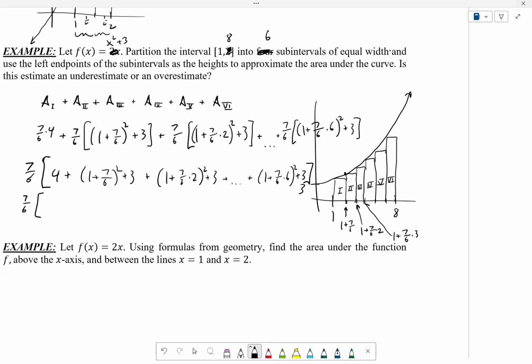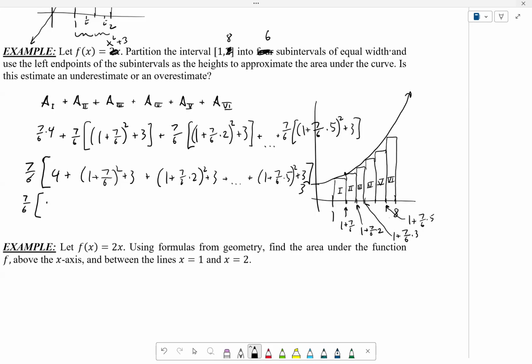Wait, are we doing left endpoints? 4, 5. I'm so sorry, but the last one is 5. I got a little confused. I switched to right endpoints. This is the last one. I'm so sorry. 1 plus 7/6 times 5. My apologies. Yeah, so there's 5 of them.